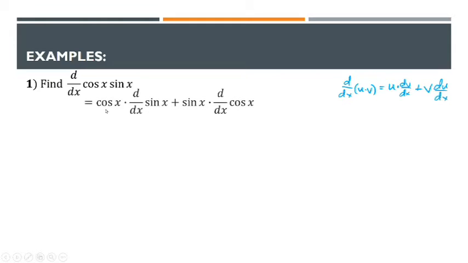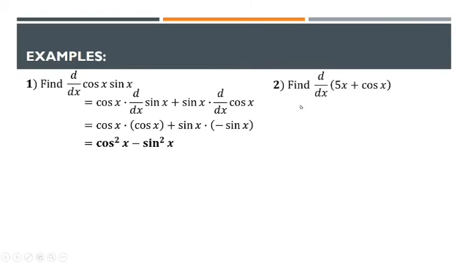So this is equivalent to cosine x, so yun yung u natin, times dv, derivative of your v, which is sine x, plus v, sine x, times du, or derivative of cosine x. So we have cosine x times cosine x, since the derivative of sine x is cosine x, plus derivative of cosine x is negative sine x. So cosine times cosine is cosine squared x minus sine squared x.